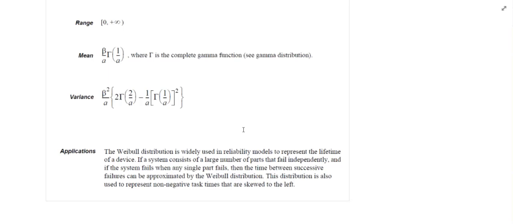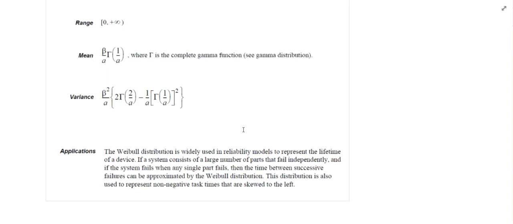So if you've got a system that consists of large numbers of parts that fail independently, and if the system fails when one single part fails, which are two important characteristics that you need to define up front, then the time between successive failures can be approximated by the Weibull distribution. So things like mean time between failure can be calculated using the Weibull.